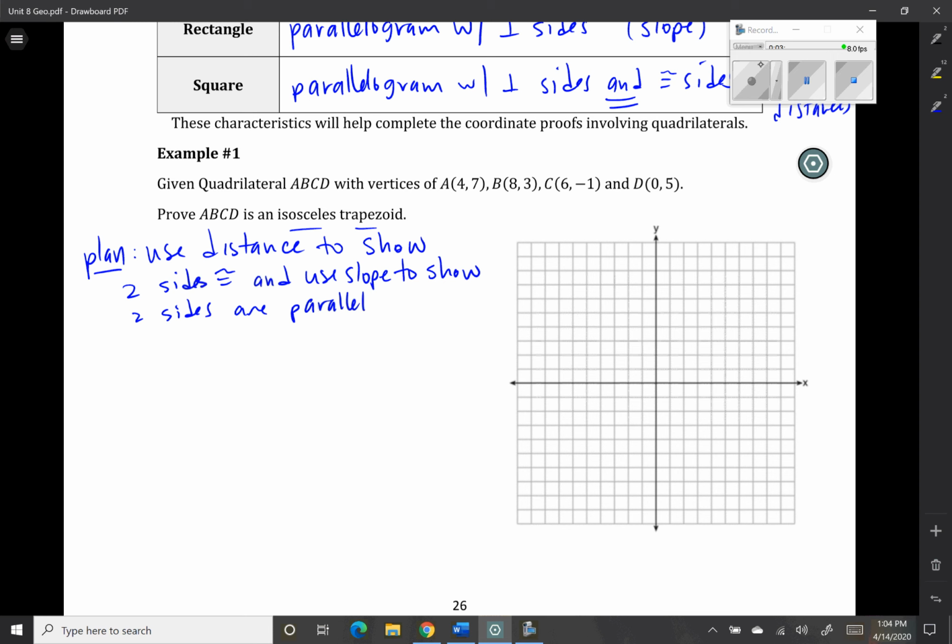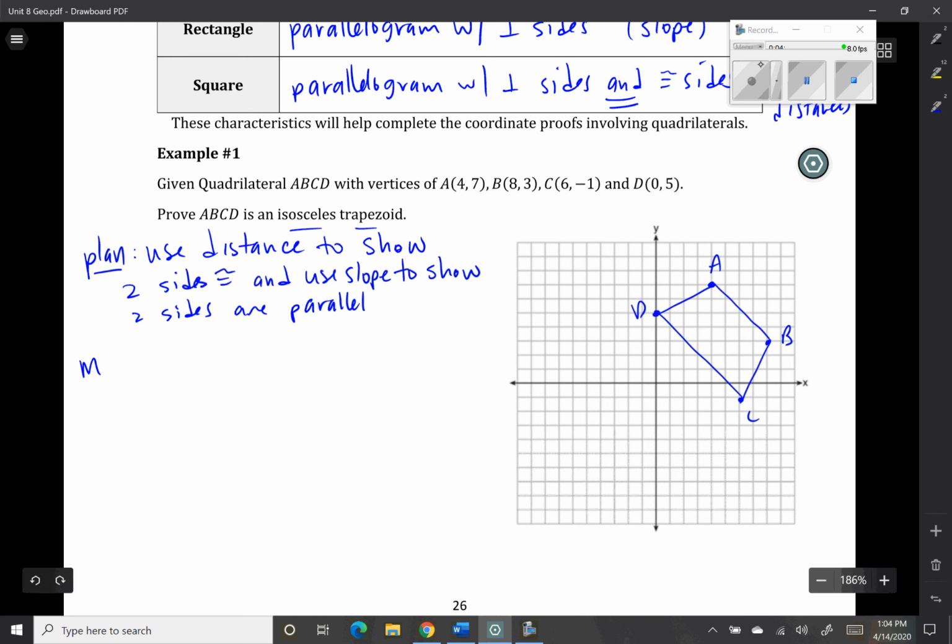So let's take a look. So if I graph (4, 7), (8, 3), (6, -1), and (0, 5). So it looks like from my picture, AB and CD are the parallel sides.